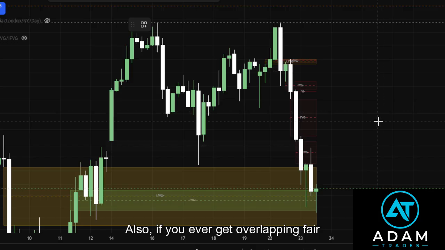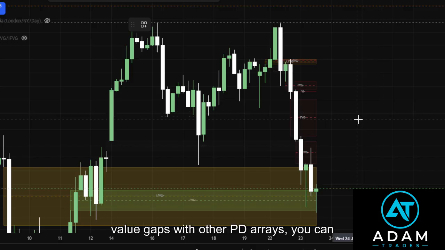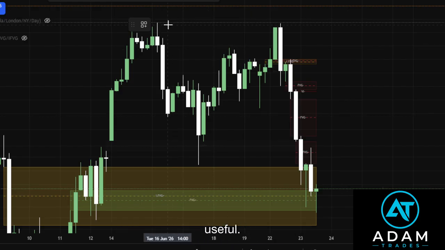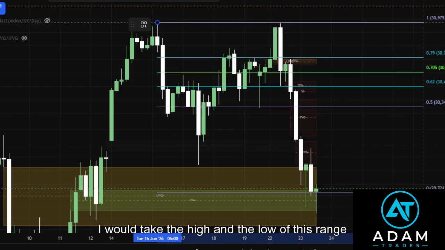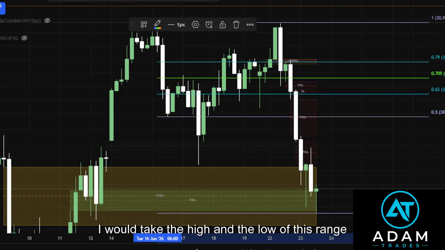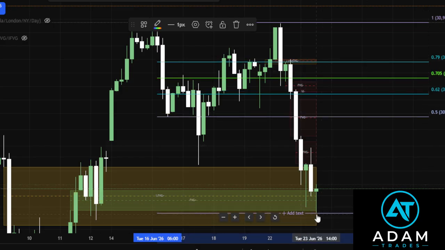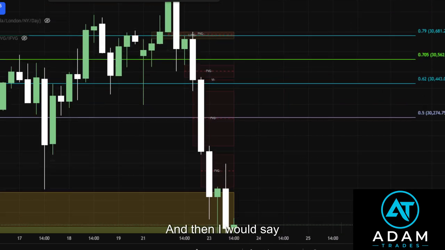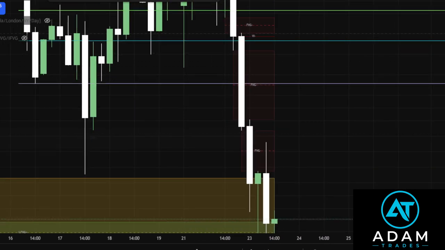Also, if you ever get overlapping fair value gaps with other PD arrays, you can think of those fair value gaps as being useful. So I would take the high and the low of this range right here. You get the highs and the lows, all right? And then I would say the 50%.